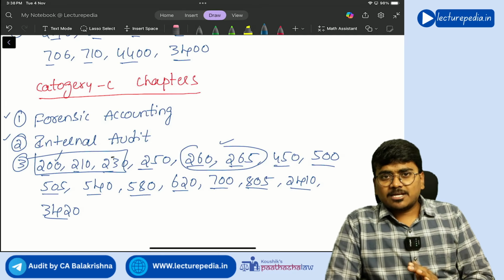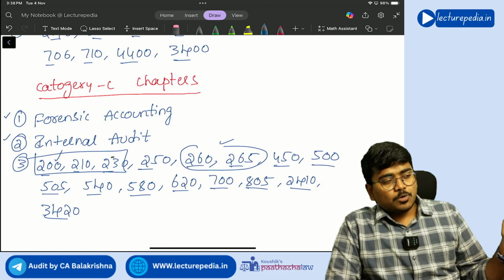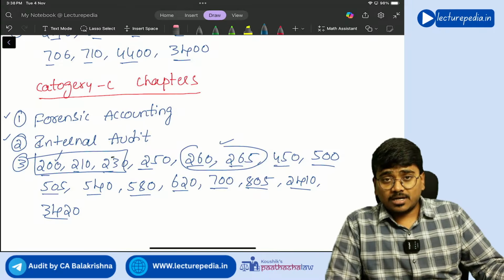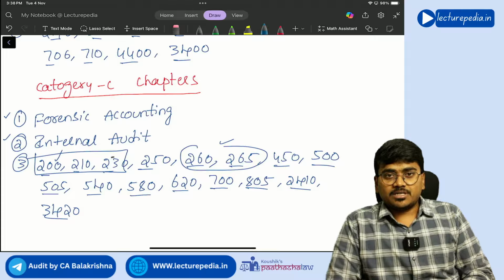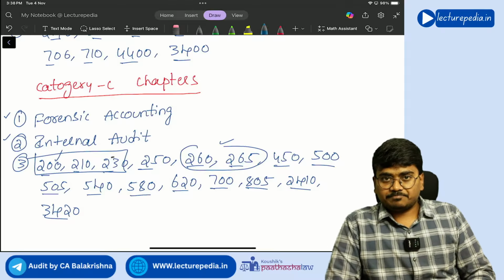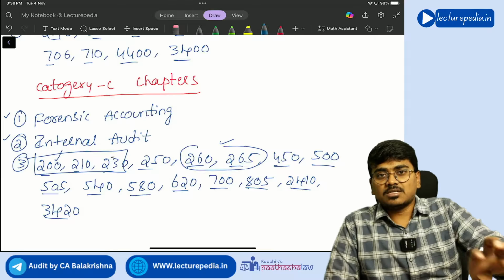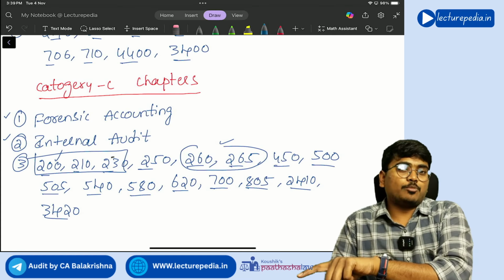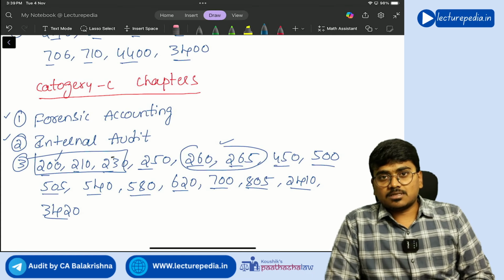See, by this time you should have already learnt all these chapters. You would have already taken the classes, and you should have completed the first reading of all these chapters. The purpose of this is just to tell you which areas to focus more on from the point of view of the Jan 26 examination.